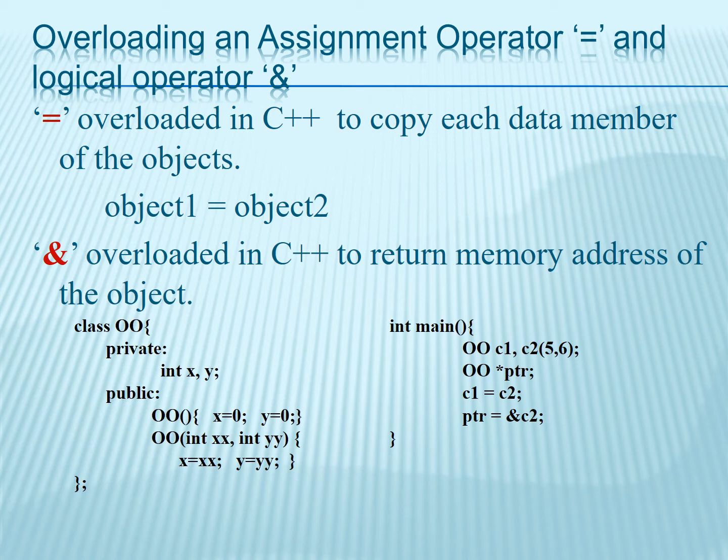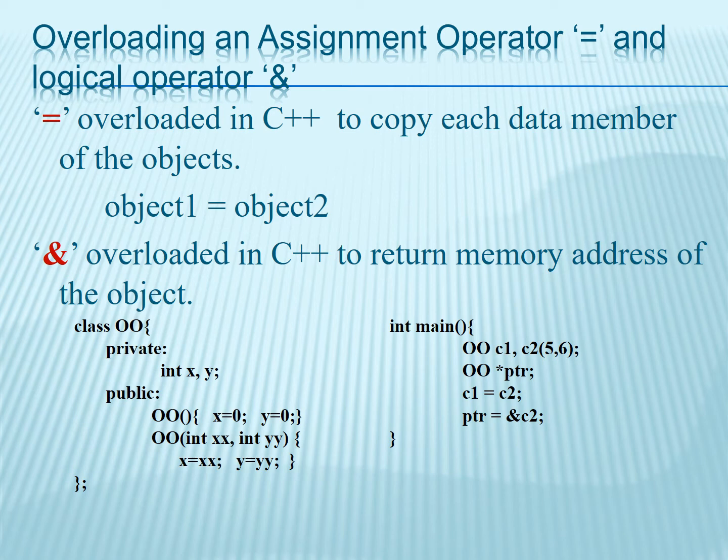The main function creates objects C1, C2 and ptr of the class OO. While creating the C2 object, the x and y values are initialized as 5 and 6 respectively.